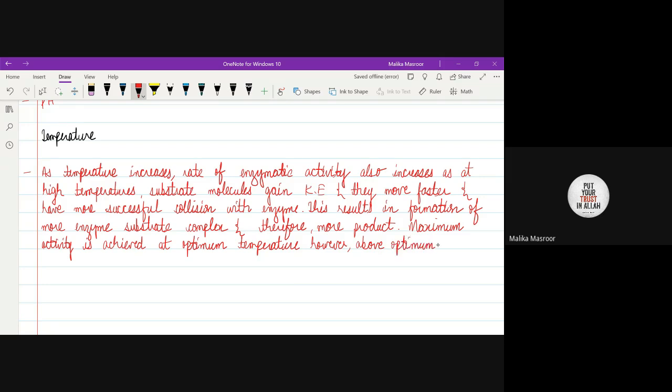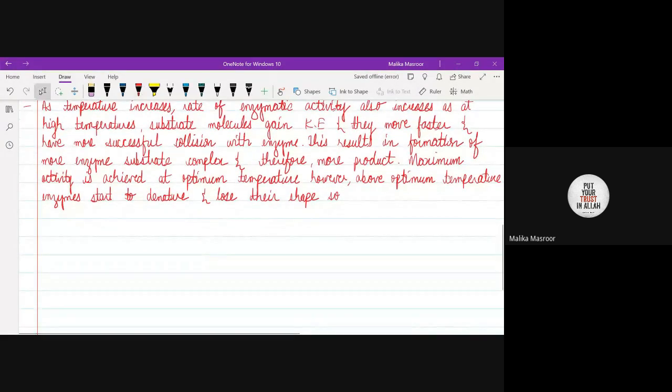Above optimum temperature, enzymes start to denature and lose their shape. So your enzyme and substrate stay no longer complementary because they lose their shape.